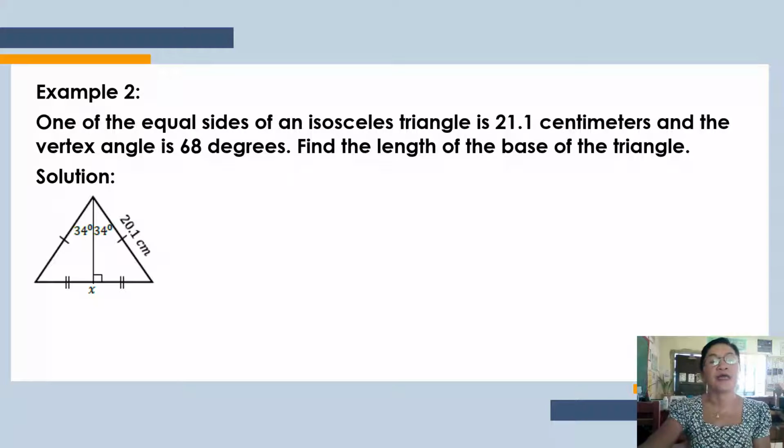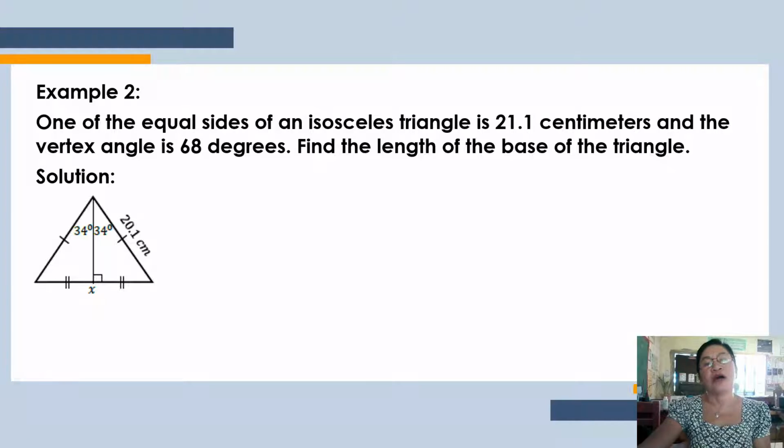We can divide this into two congruent triangles so that it will be easier for you to find the base of the triangle. We can do this by drawing a perpendicular line from the vertex to the opposite side.